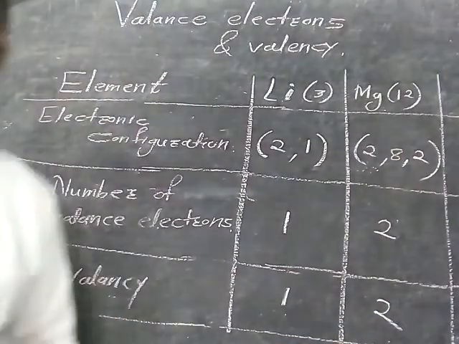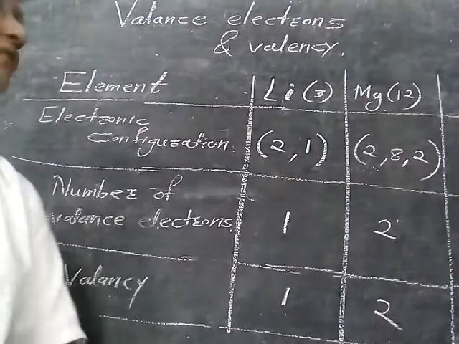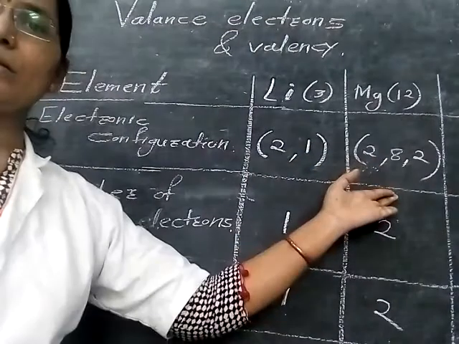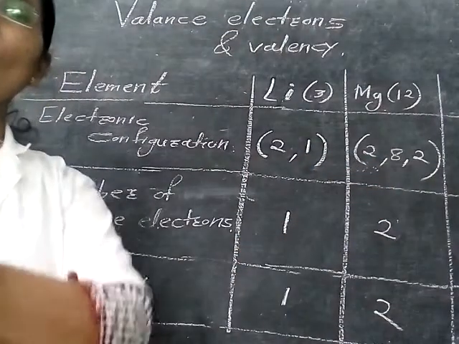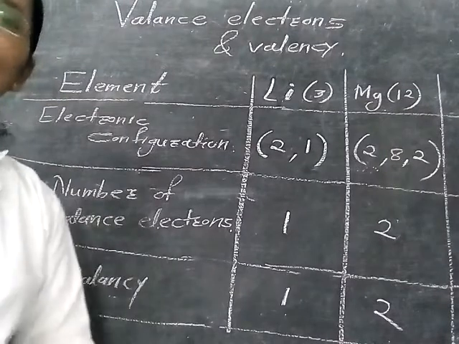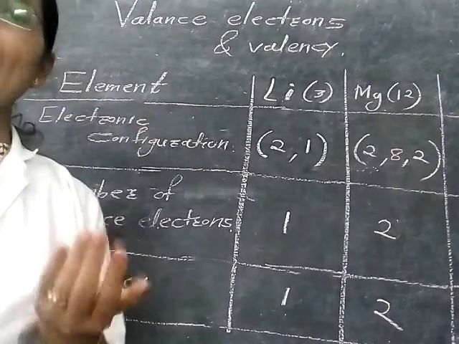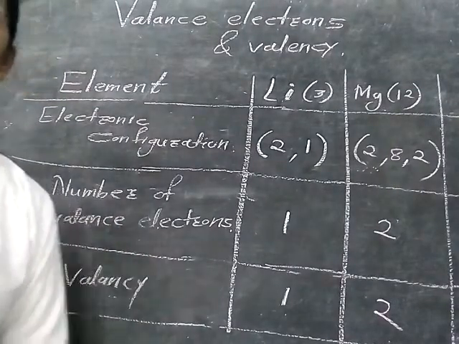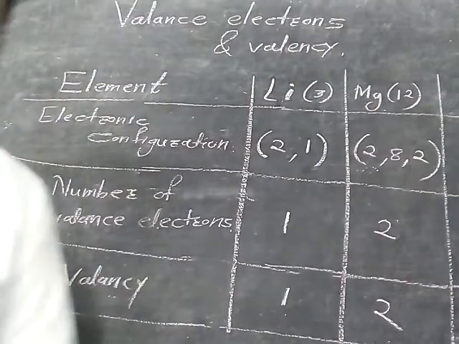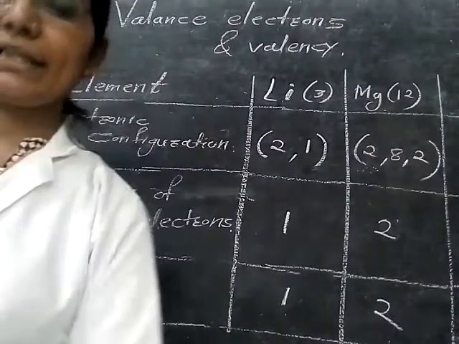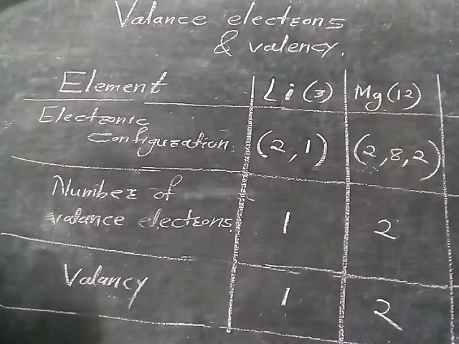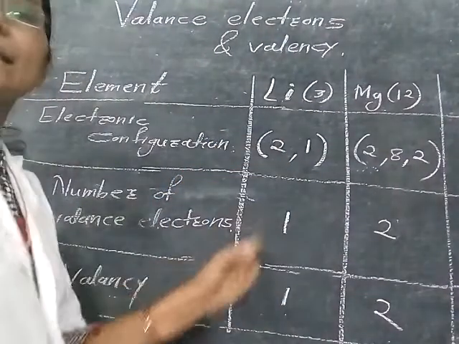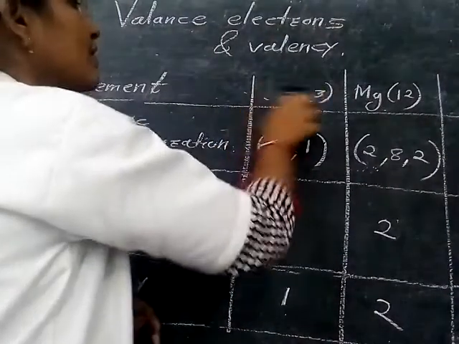But a problem arises: if there are 6 valence electrons, what is the valency of that element? Let us take the next example with 6 valence electrons, oxygen. First I erase this and write the example of oxygen.